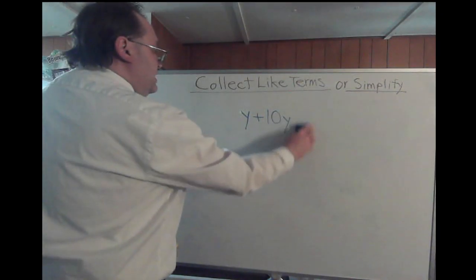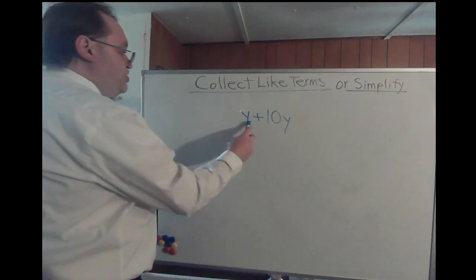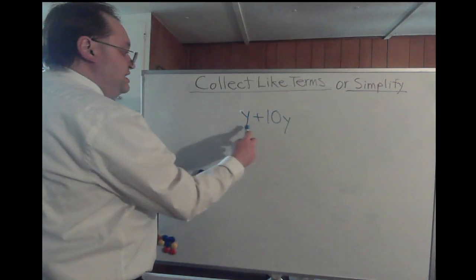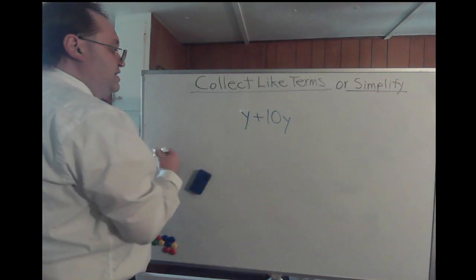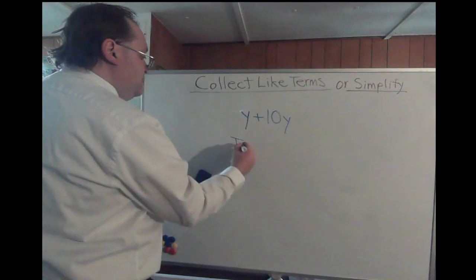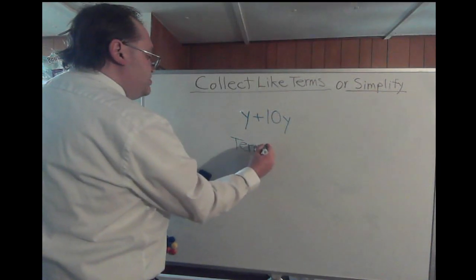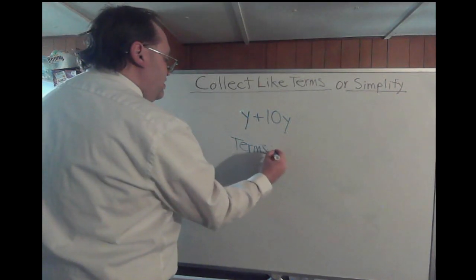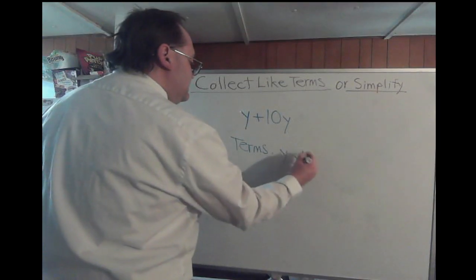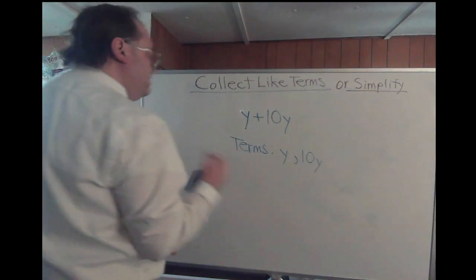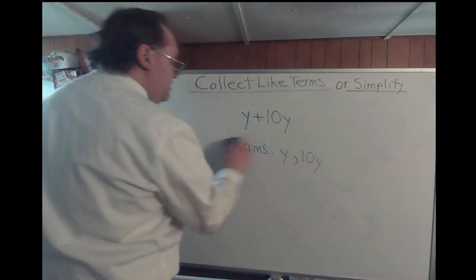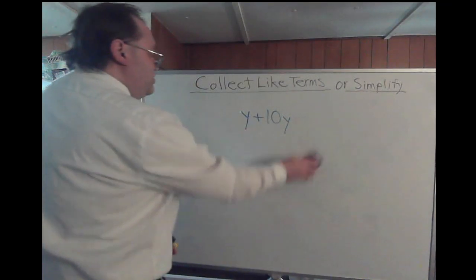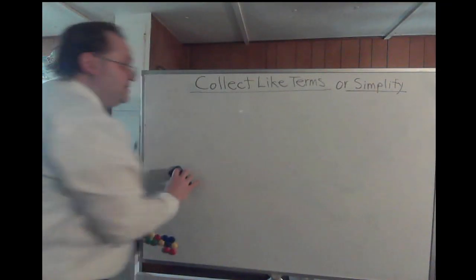And remember, each of these on either side of the plus sign are called terms. Your terms, if you're asked to list your terms, are going to be y and 10y. So on each side of an operation sign, those are your terms.